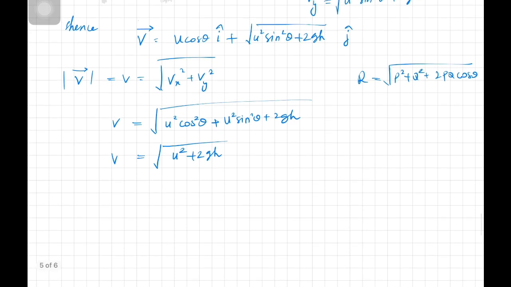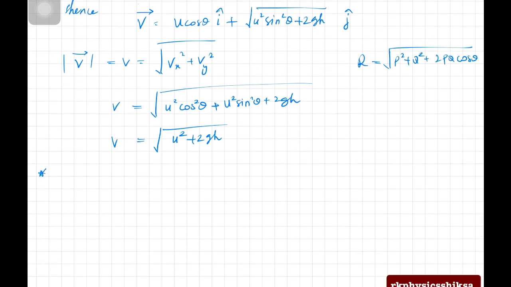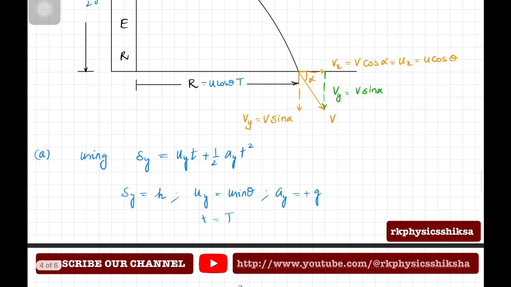Now what is the angle at which it strikes the ground? The angle at which it strikes the ground, I have taken as alpha. From the diagram, if you observe, alpha is here, so tan alpha is equal to opposite by adjacent.